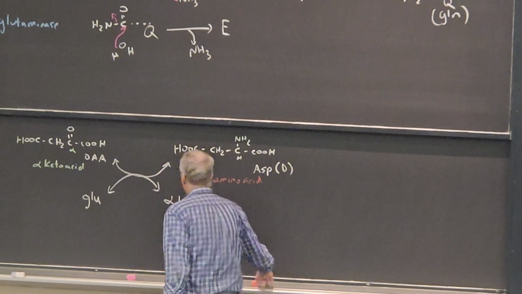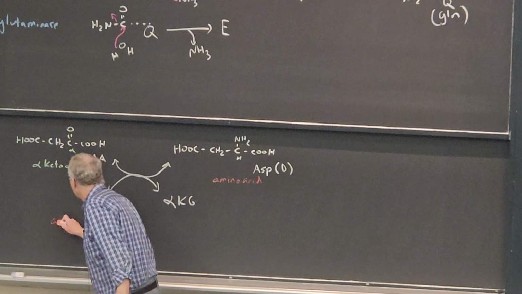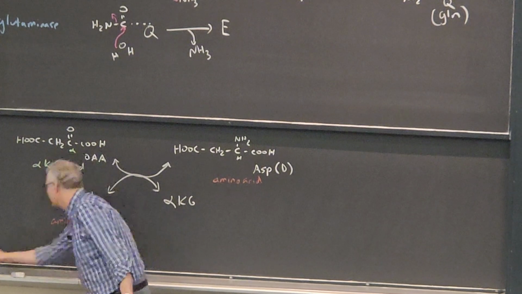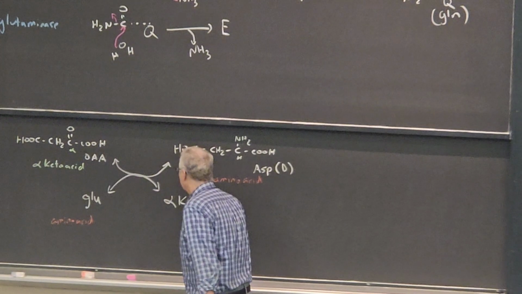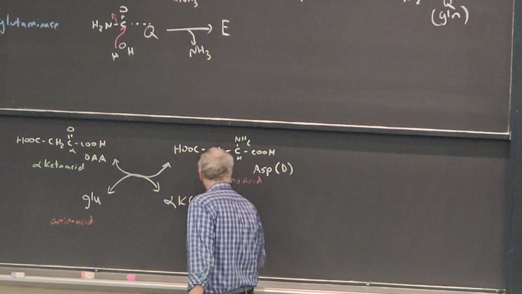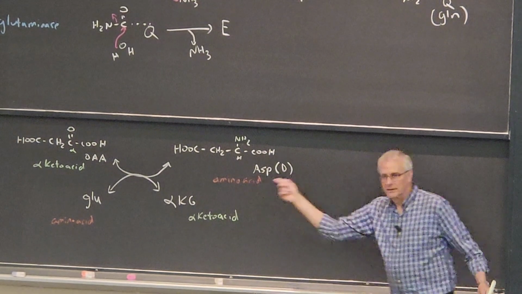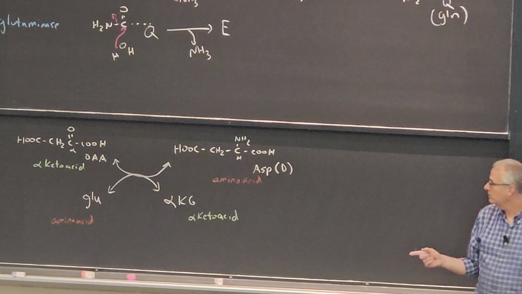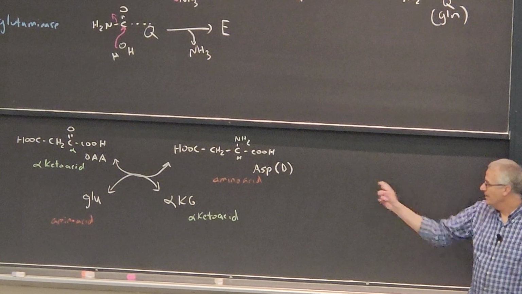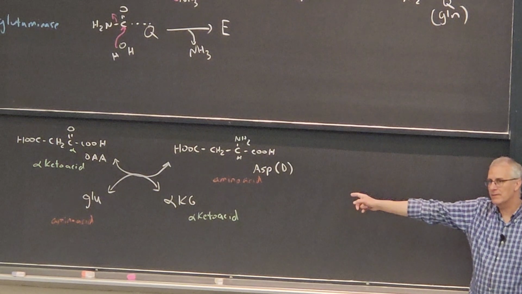The glutamate over here is the amino acid, and alpha ketoglutarate is the alpha keto acid. All right, this is the reaction you saw in the malate aspartate shuttle. This here is completely balanced.